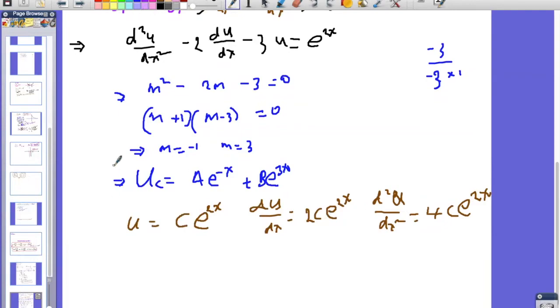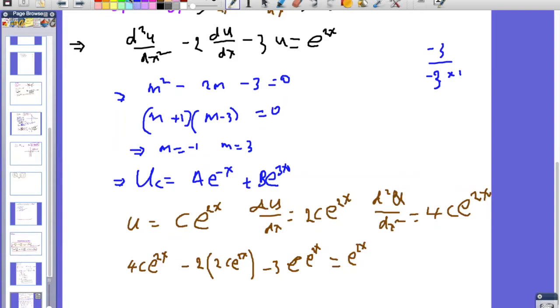And then we substitute here, we get 4c e raised to the power 2x minus 2 times 2c e raised to the power 2x minus 3 times c e raised to the power 2x should be e raised to the power 2x.